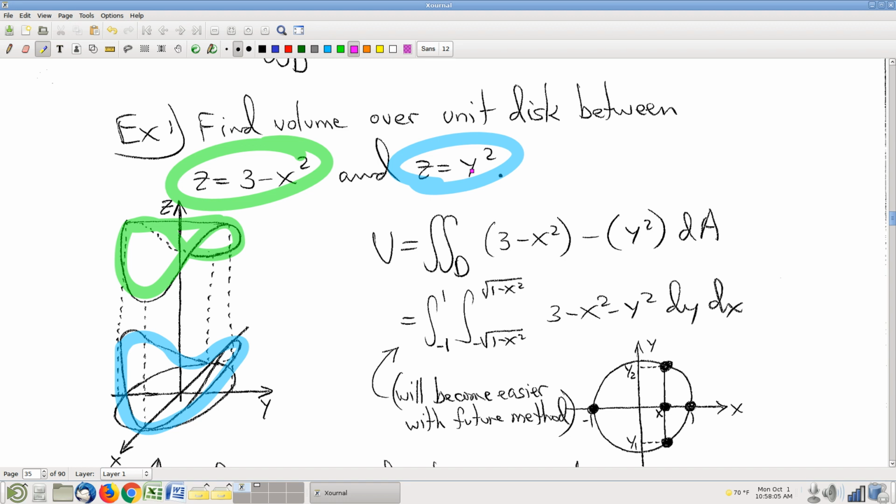So it never breaks that z equals 1 plane. And this other surface over here, again, x squared is never bigger than 1, so this is actually never below 2. So one surface is always above z equals 2. The other surface is always below z equals 1.